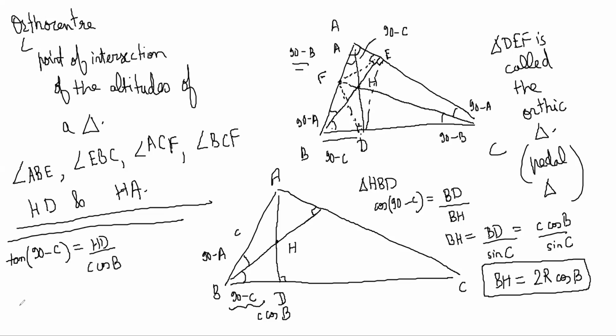So c cos B into tan 90 minus C, which is cot C, so cos C by sin C, is equal to HD. Again c by sin C you can write as 2R, so it becomes 2R cos B cos C, correct? I will just summarize the results on the other page.